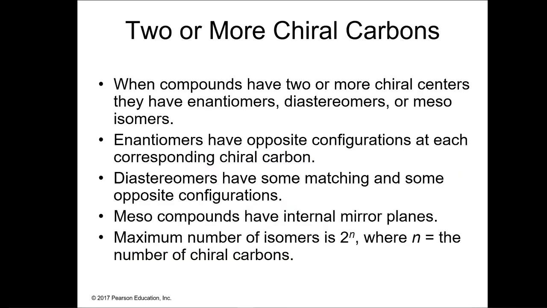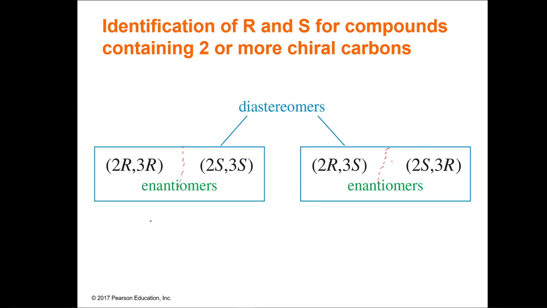Now, I'm not going to draw these correctly, but this is the idea. If you have something like this, these are enantiomers, because they're non-superimposable mirror images of each other.